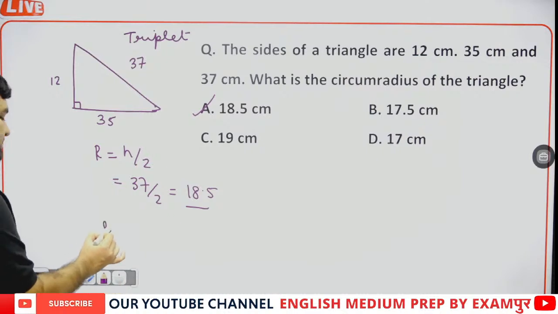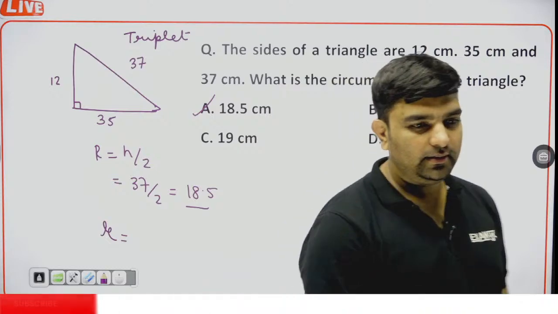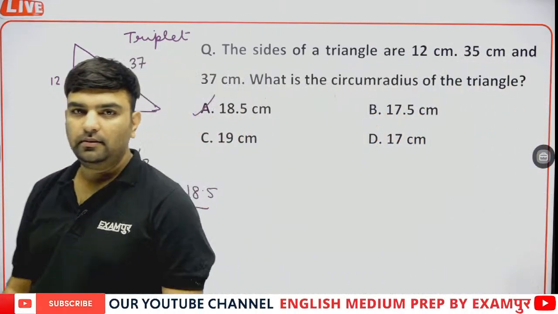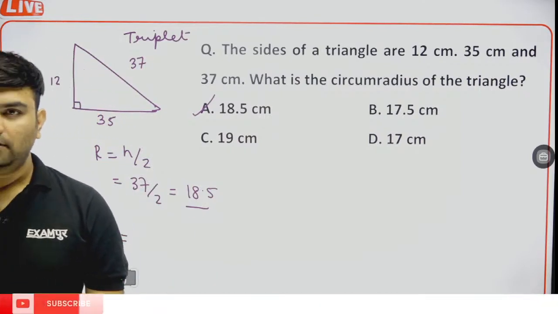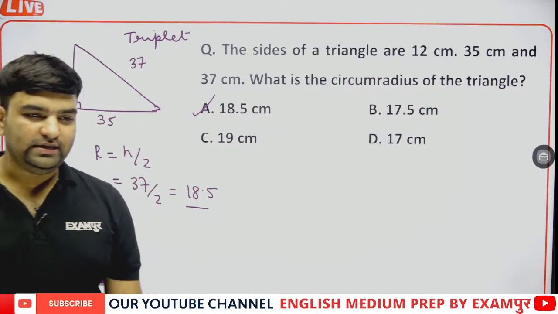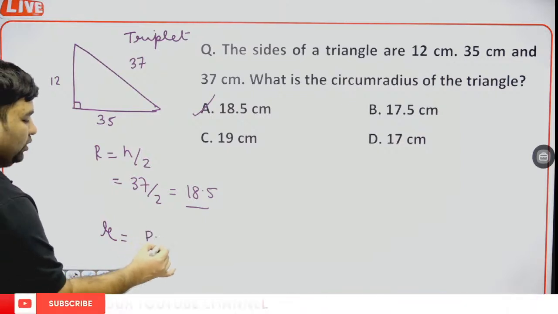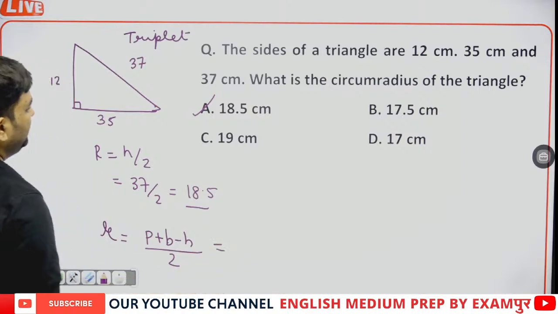What is the inradius? The inradius is perpendicular plus base minus hypotenuse divided by 2.